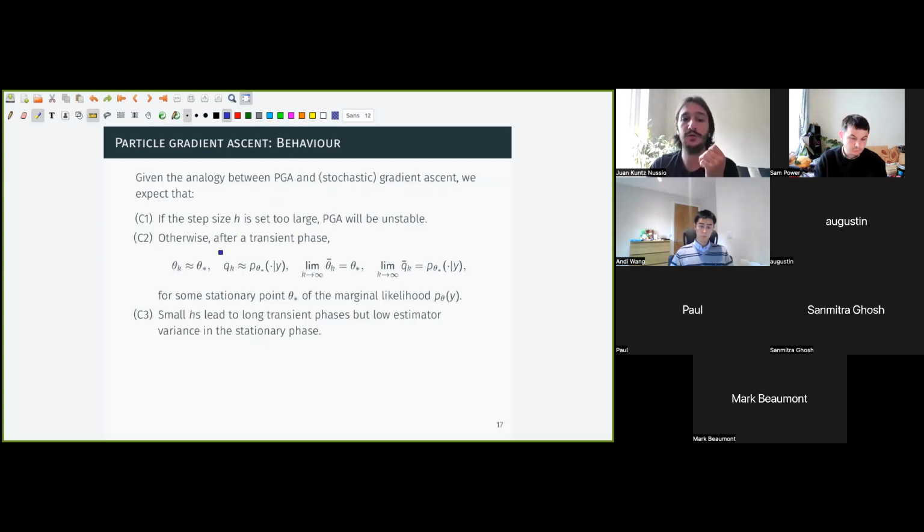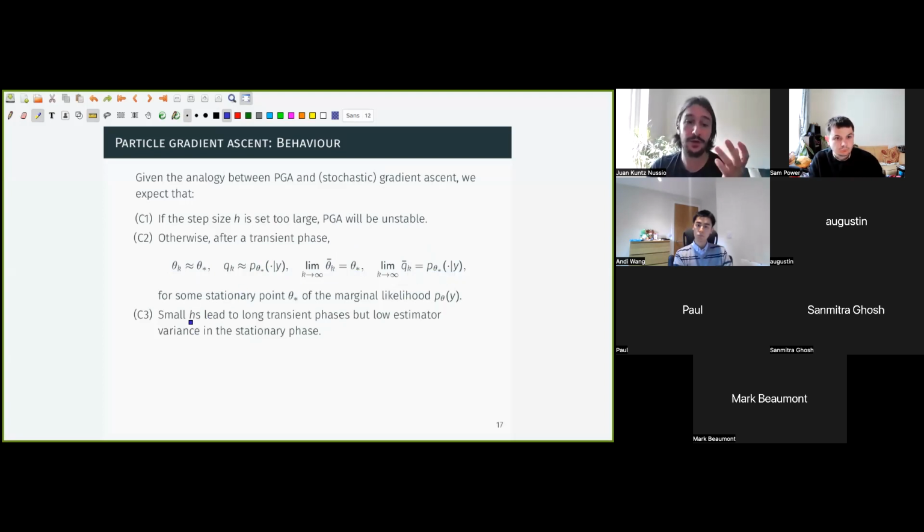Otherwise, you'll have a transient phase, after which the parameter estimates will hover around the stationary point of the marginal likelihood, and the empirical distribution of the particle cloud will hover around the corresponding posterior distribution. And by hover, I mean hover in a way that if you average over time, the parameter estimates actually converge to the stationary point of the marginal likelihood, and the posterior approximations converge to the corresponding posterior.